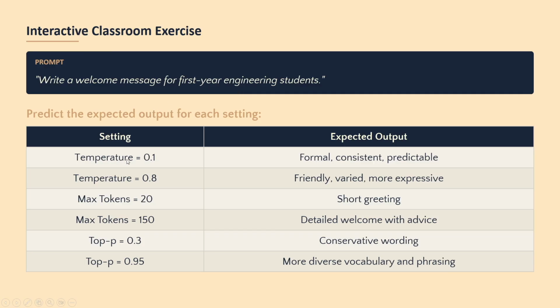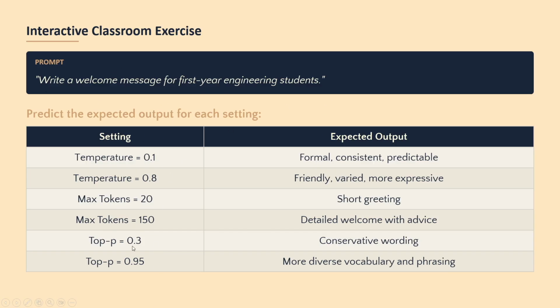Suppose we keep temperature as 0.1, then the expected output would be very formal, consistent and predictable, but if it is 0.8, then it is friendly, varied and more expressive, and if it is 20 tokens, it would be a short greeting. We can check that, and you can write this and check for different temperatures and tokens.